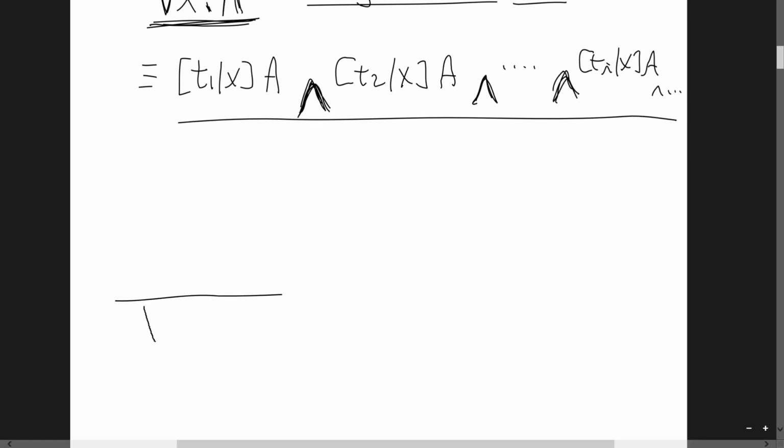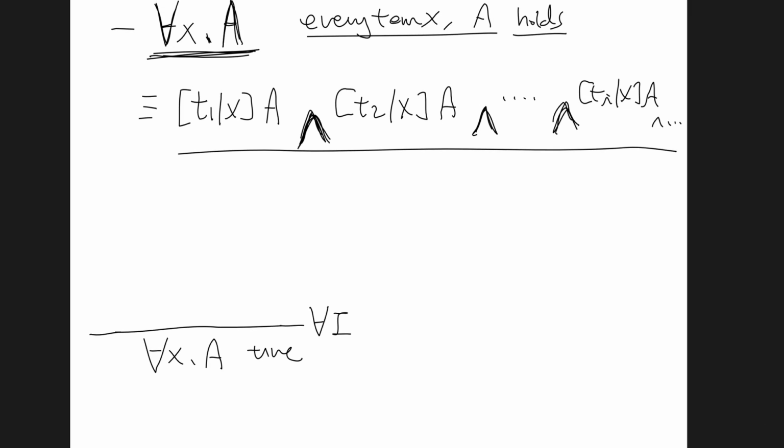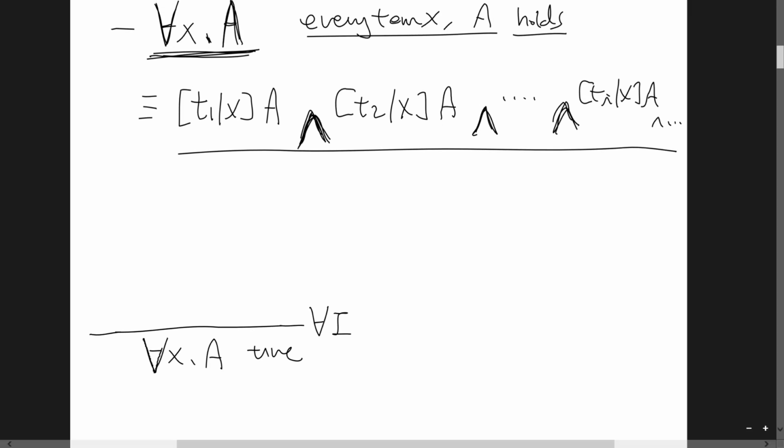In order to deduce for all x A, this is the introduction rule, you have to actually prove, if you expand this for all quantification in terms of conjunction, T1 for x in A true, and you also have to prove T2 for x in A true, and so on.